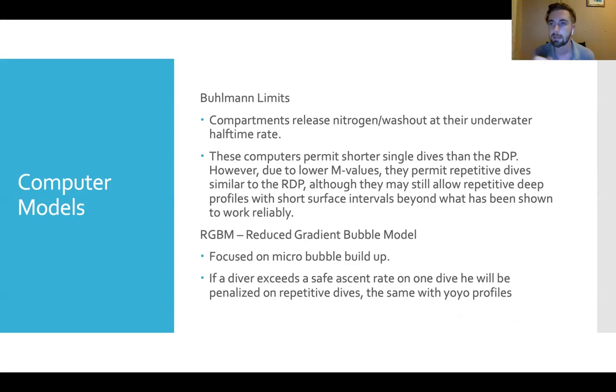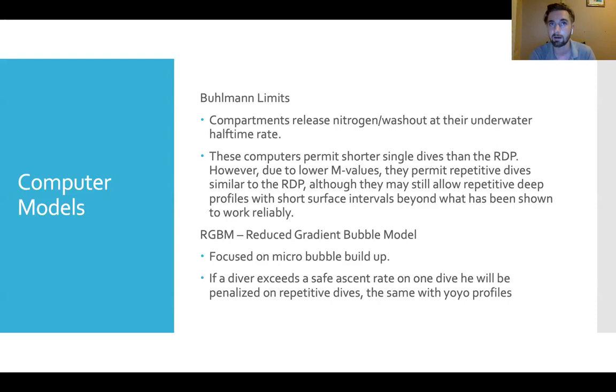For example, at 18 meters, the limit on an RDP is 56 minutes. If I go into my Suunto, which uses an RGBM model, that limit's actually only going to be 51 minutes. So there is a bit more conservatism baked into these newer models. They also have much slower ascent rates. Things with Bowman limits will often use a variable ascent rate.